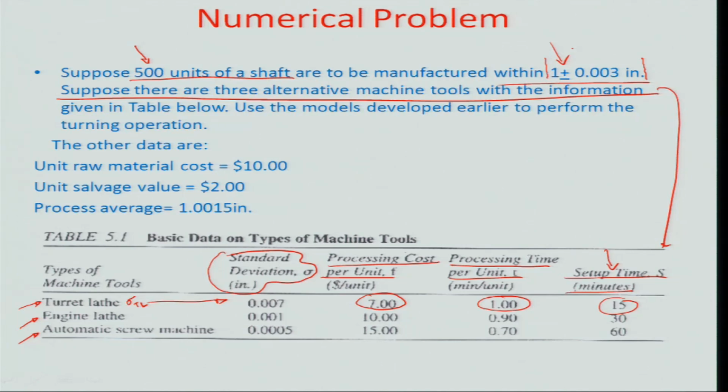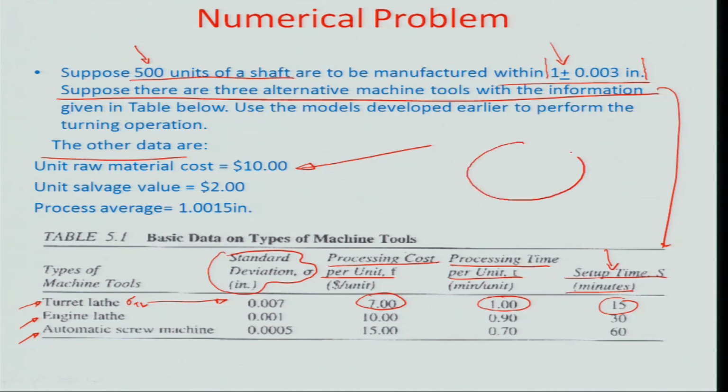There is other data that is important as part of the production process. One is the unit raw material cost, which is market defined, about $10 per piece coming into the process.